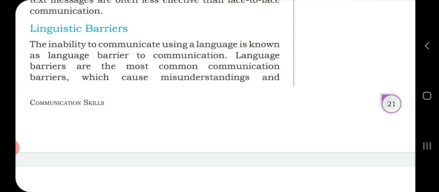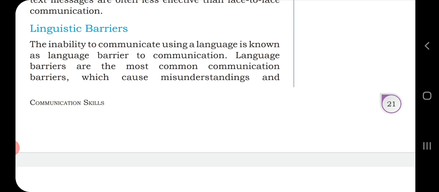Now, if somebody goes to some other country, for example, if you will go to China and you do not know Chinese language, and if you will try to roam around in the country, and if the people over there in the part of the country where you want to see do not know your language, probably you will speak English to them, and if they don't know it, then that is a language barrier.